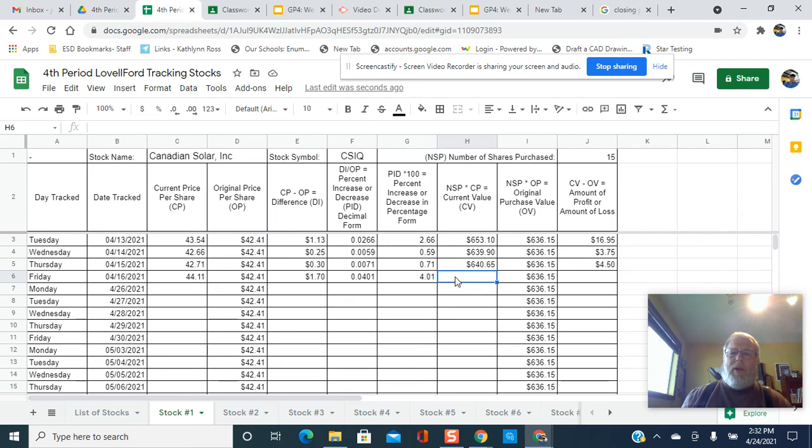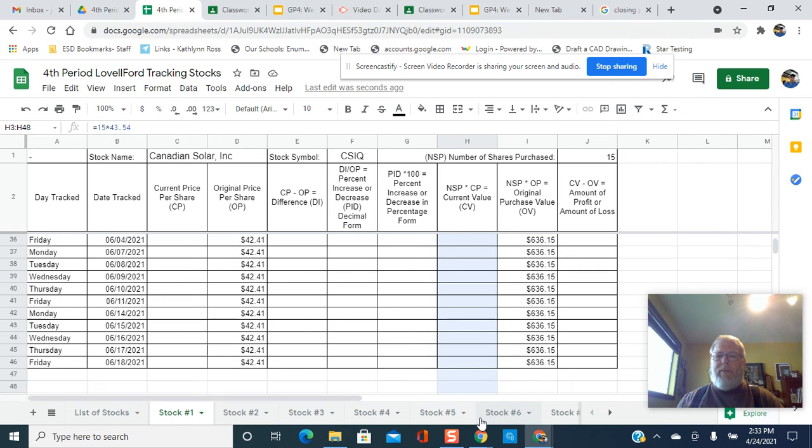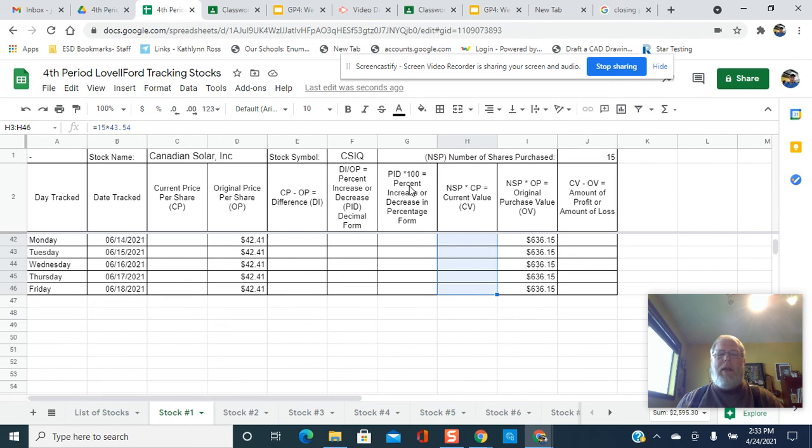Okay, here we're going to take our number of shares, which is 15. We're going to multiply that by the current price per share of 44.11. So right now our portfolio is $661.65. We should probably make this all money as well. We like to talk money. All right.